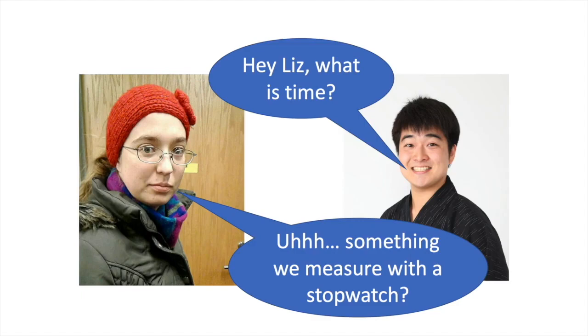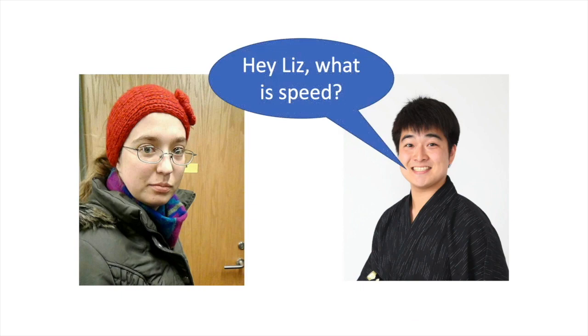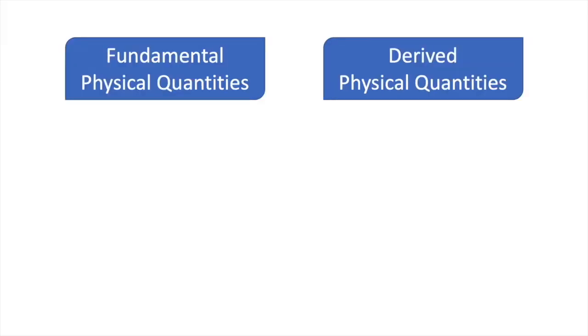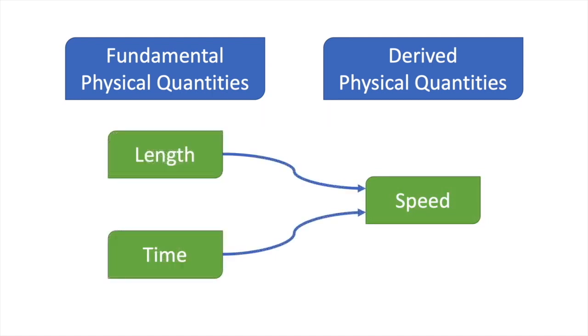But on the other hand, if you ask the same friend, "Hey, what is speed?" they might have a better handle on that one. They might say, distance over time or something along those lines. And why is that? Well, that's because speed is a derived quantity, specifically one that is derived from relating the fundamental quantities of length and time together.